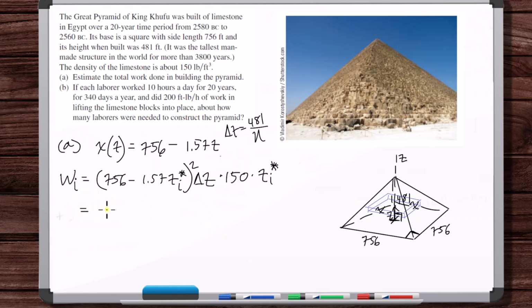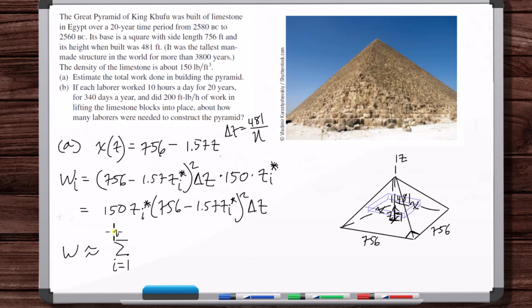So this is 150 zi star times 756 minus 1.57 zi star squared, delta z. Approximately, the work done is the sum from i equals 1 to n of this.